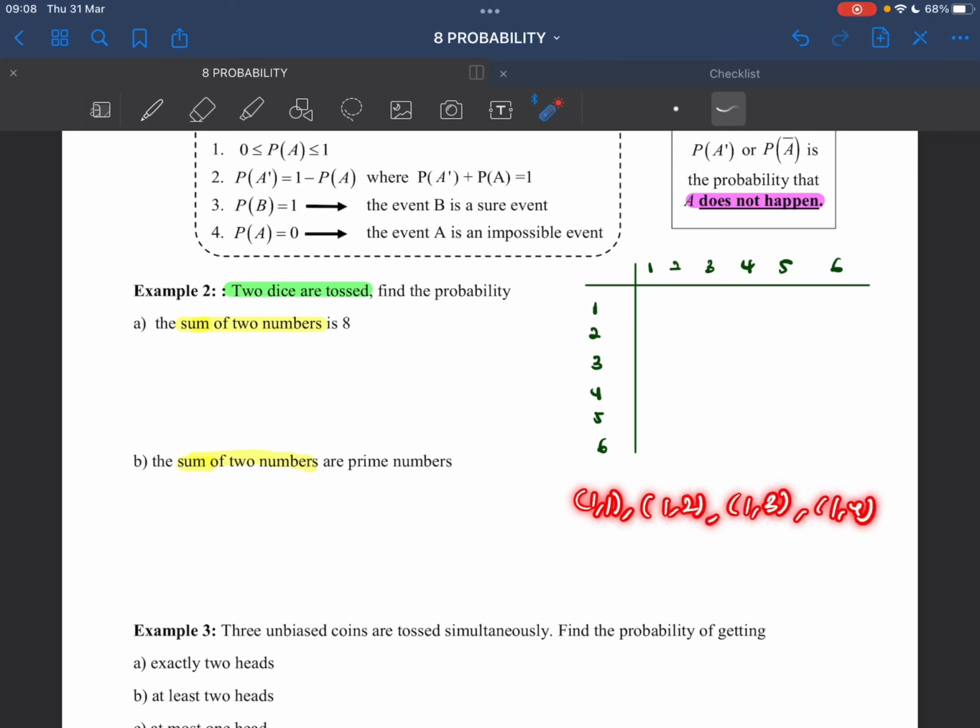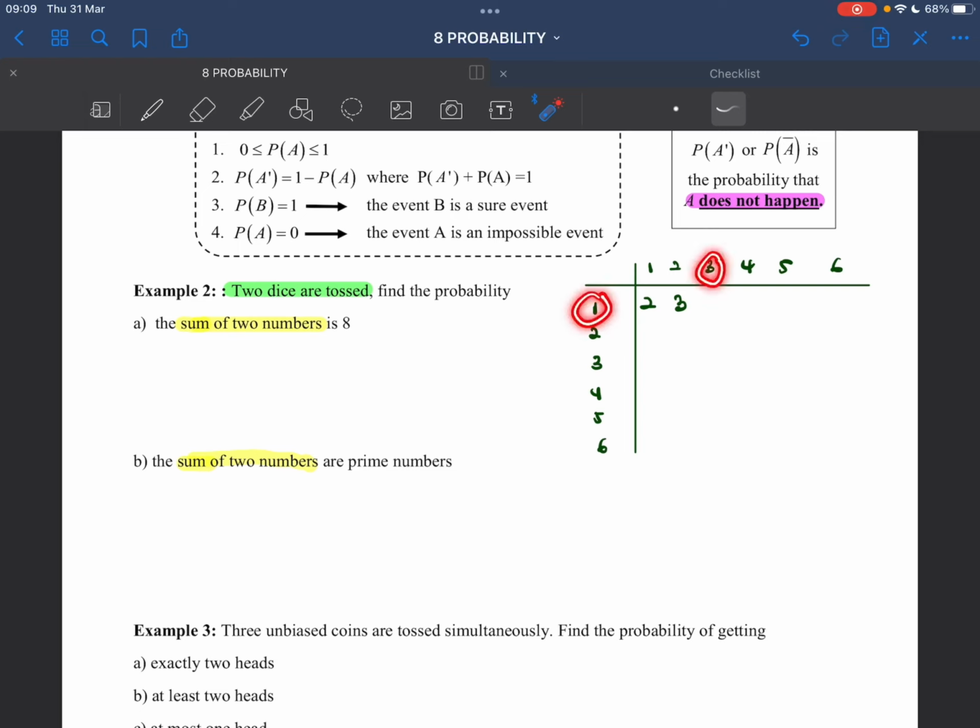But both of the questions are asking for the sum, so we are going to sum it up. Here is your first outcome, 1,1. If we sum that up, we have 2. First toss is 1, second toss is 2, the sum is 3.